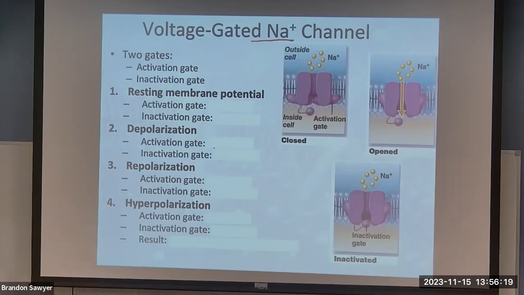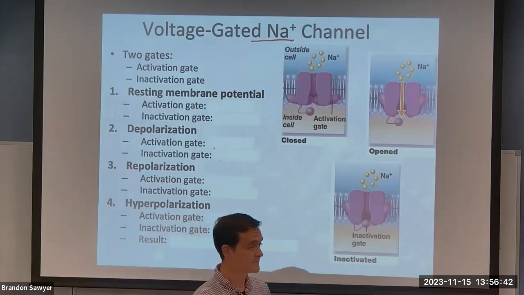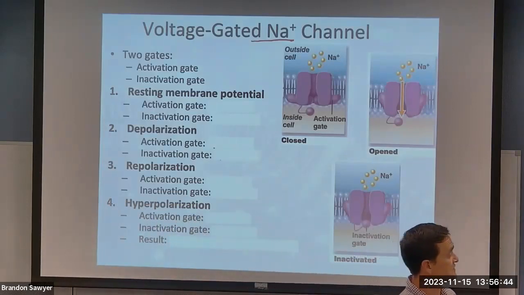Are you asking if they're open or closed? That's it. You have to put open or closed. You can kind of do it based on these pictures too, where it shows you can see the state of those little gates. You can use those images on this slide and on the next slide to help you.